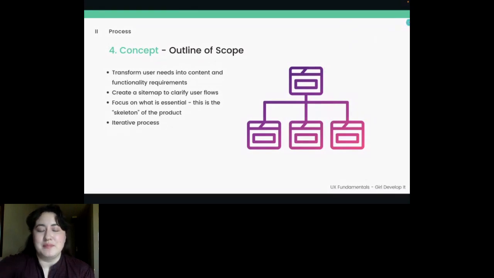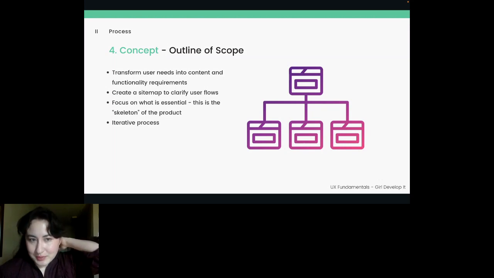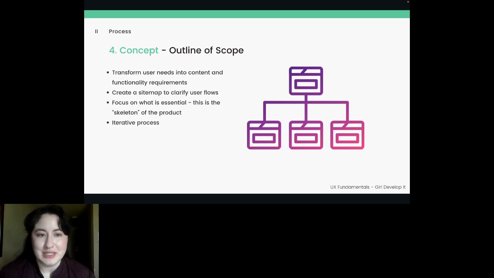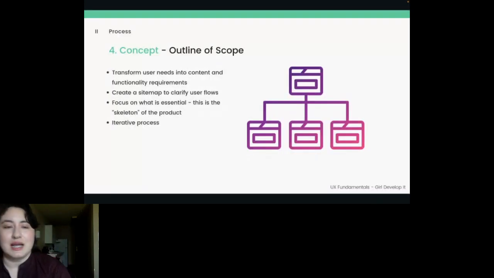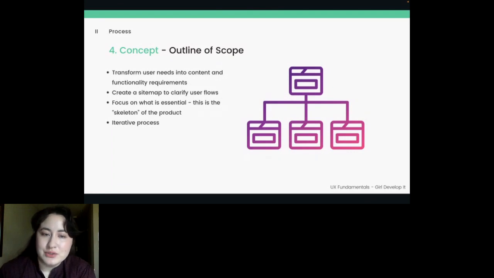This isn't a real sitemap, but a sitemap is just going to be like the basic skeleton of the most essential pages and features of the app. So you're going to take your research information and your user personas and transform that into what you want for the basic skeleton of your app. The sitemap is going to clarify what the user flows are going to be.